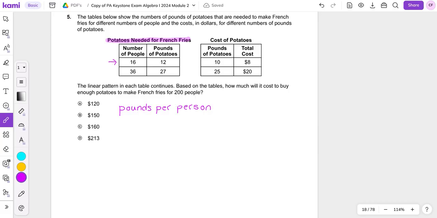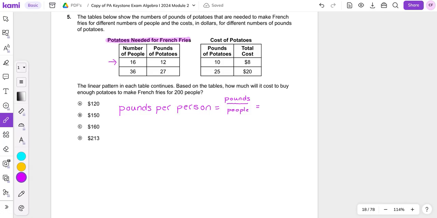In our heads, we can see that each person isn't even eating a pound of potatoes. So that's why the smaller number is going to be up top. Again, pounds first, per the fraction bar, people on the bottom. Again, pounds in the numerator, people in the denominator.